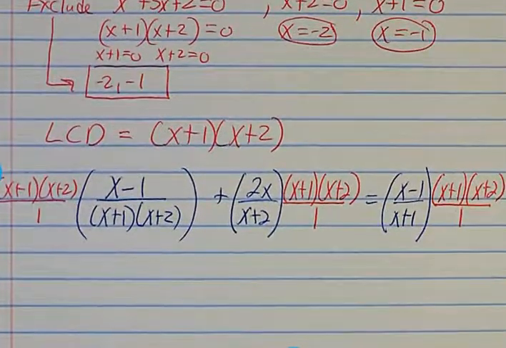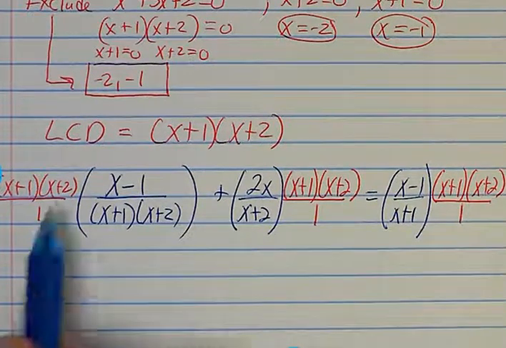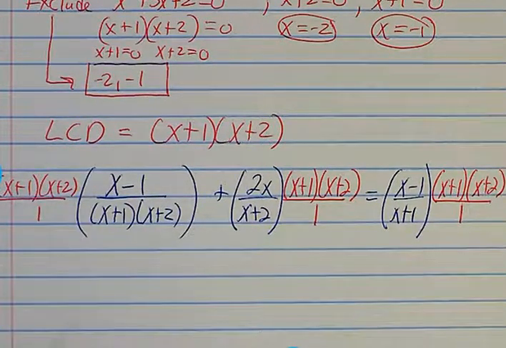Okay, so original problem in blue, least common denominator in red, and we're going to multiply that least common denominator by every single thing that we had in the original problem.